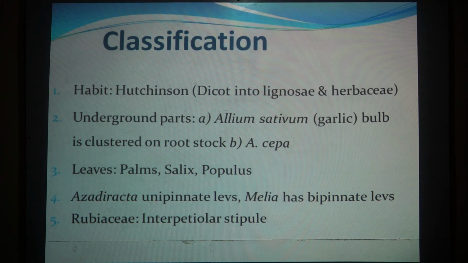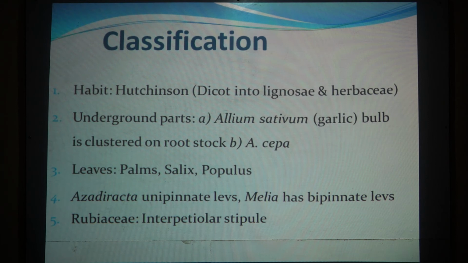The first one is habit. In morphology, how is the character habit useful to mark out a particular plant or family of plants? The character habit is useful in different ways.